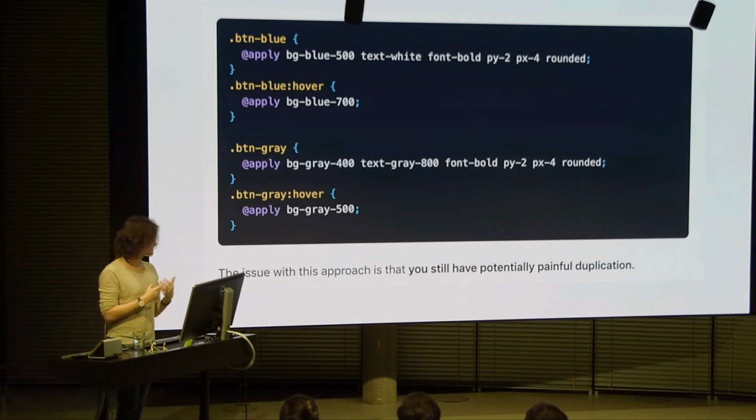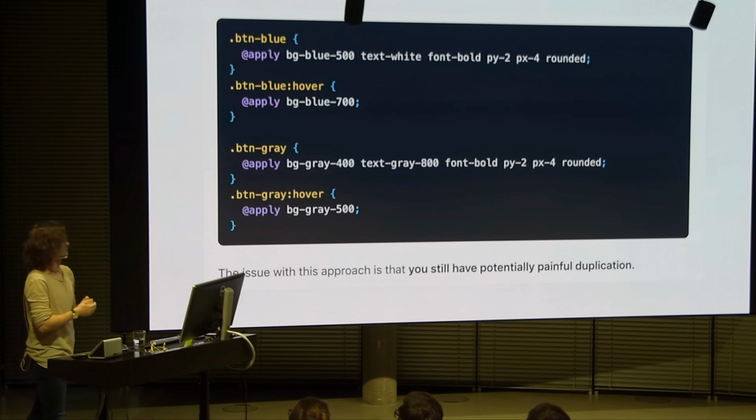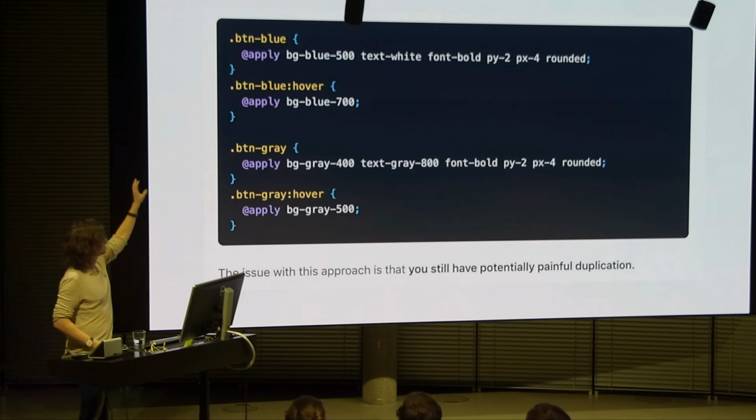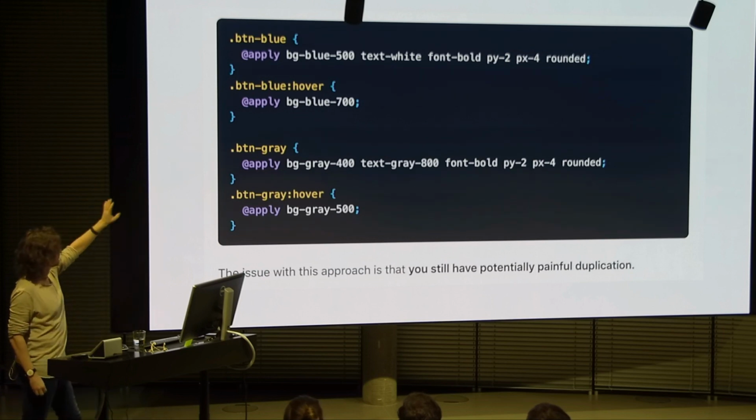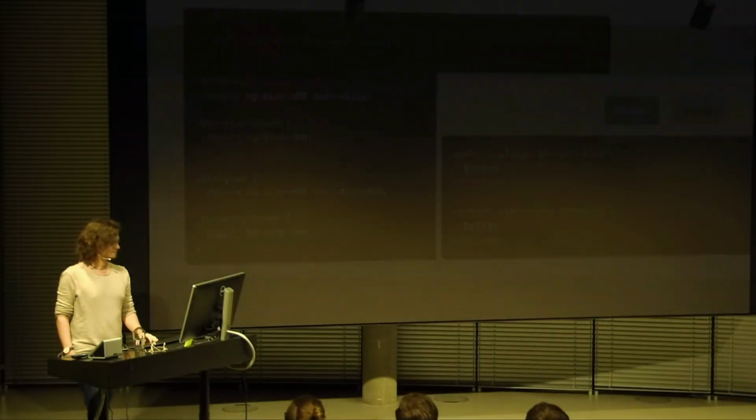The issue with this approach is that you still have potentially painful duplication, so I cannot really convince you with that. But there is another way. If you take a look at this and you really try to find similarities and group stuff differently, it's way easier.